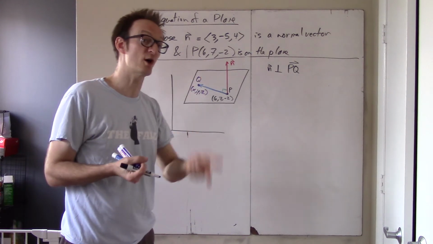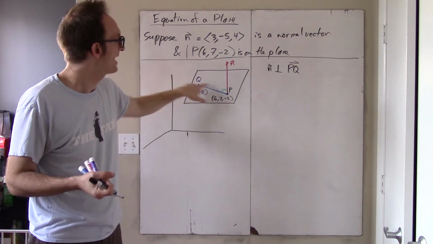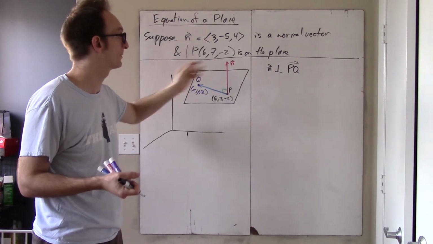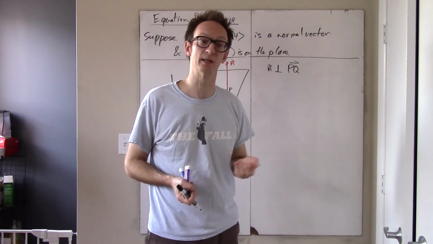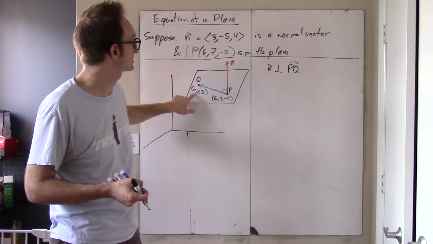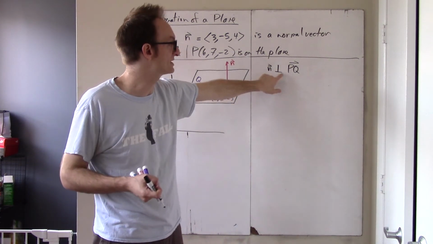And the converse also holds: if any vector PQ is perpendicular to the normal vector, then that point Q must be in the plane. So all I need to do is describe what's true about all these points (x, y, z) which have this property.